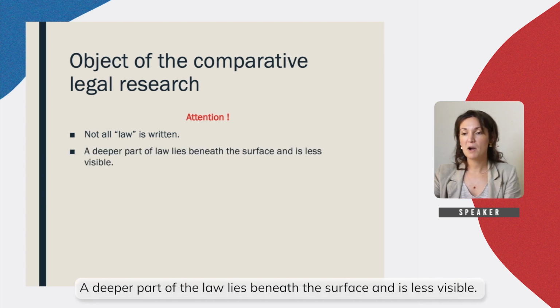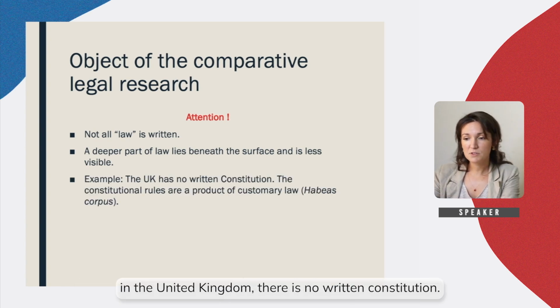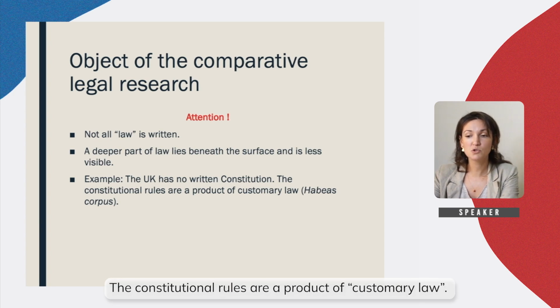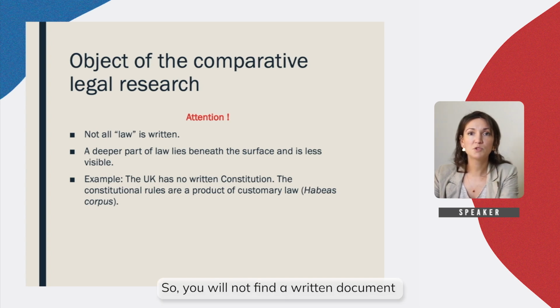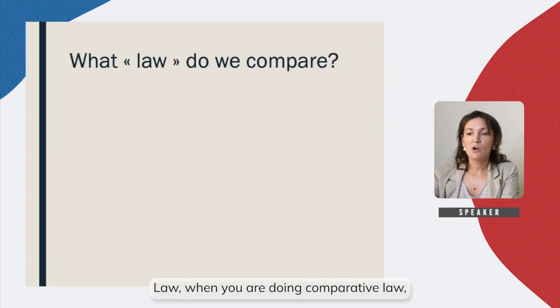A deeper part of the law lies beneath the surface and is less visible. For example, in the United Kingdom, there is no written constitution. The constitutional rules are a product of customary law. So you will not find a written document, a charter, with all constitutional rules.